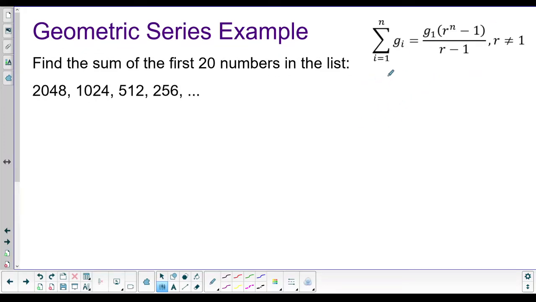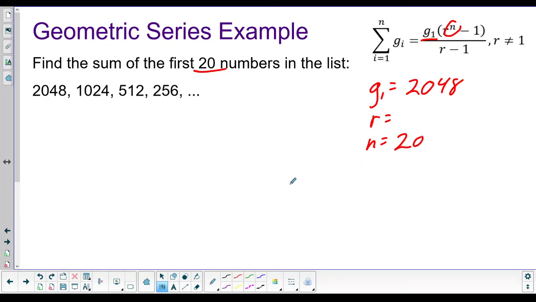So G1 is the first number in the list, so it's gonna be 2048. R is what we're multiplying by each time, and that might be a little not obvious here. And N is going to be the number they tell us in the problem, so 20. It's how many things we're adding together.